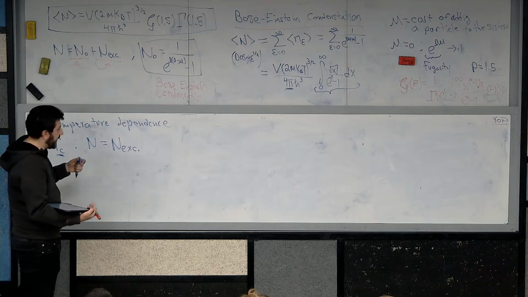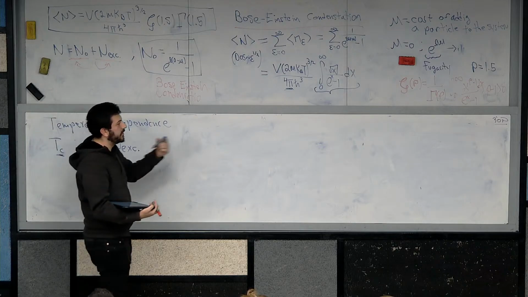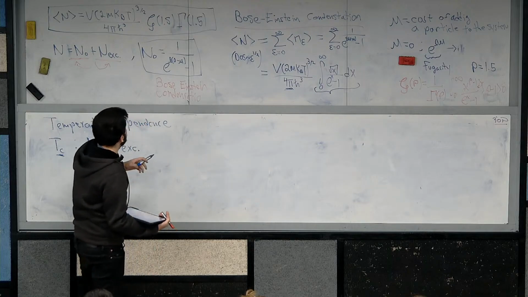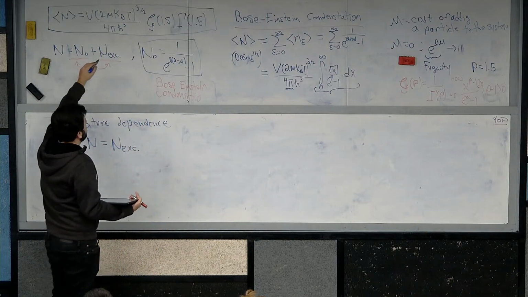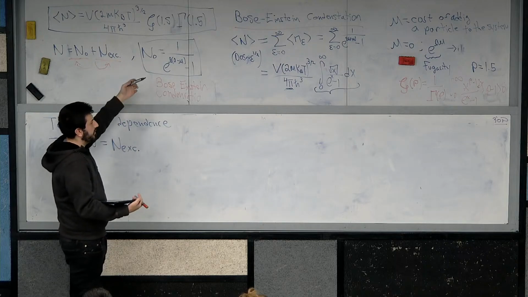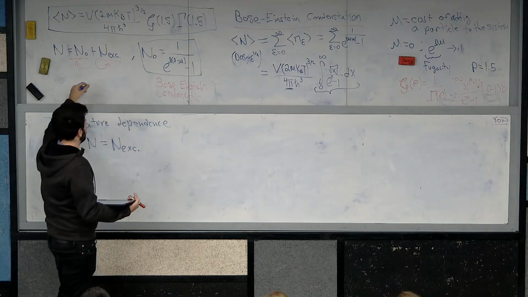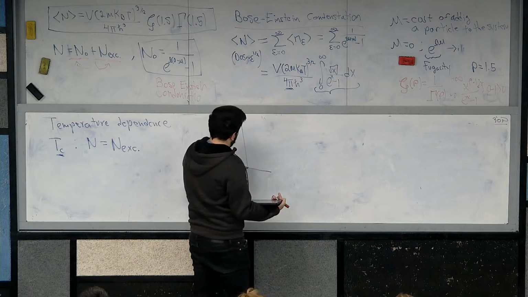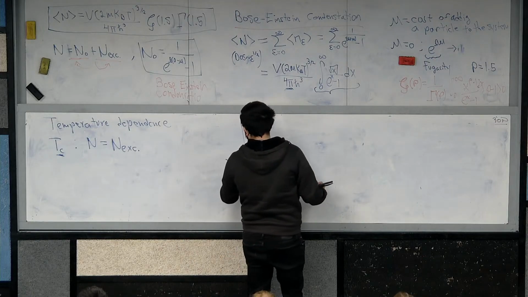I wouldn't tell you that there won't be any particles at the ground state, but it's negligible. What's happening below the critical temperature is that a macroscopic, a huge number of particles are sitting on the ground state, right? So we would have energy levels, and most of the bosons are sitting here.